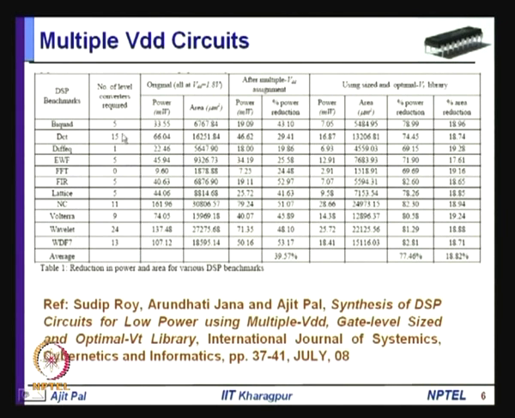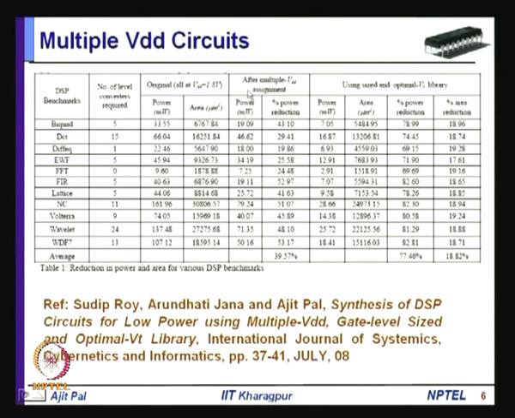They require different types of functional elements to realize the circuits, and originally if all are allocated the voltage 1.8 volt, the power consumption and area requirements are given in these two tables. Power consumption is given in this table, area requirement is given in this table.